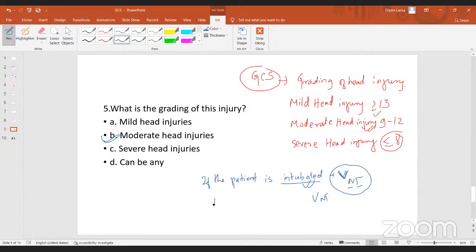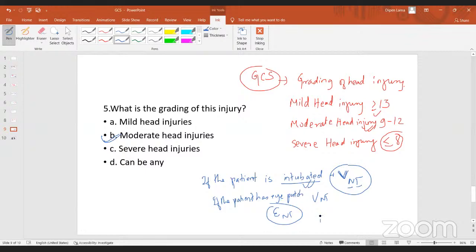And if the patient has an eye patch, if the eye is fully covered, then ENT, not tested. We cannot test eye response if he or she has an eye patch.